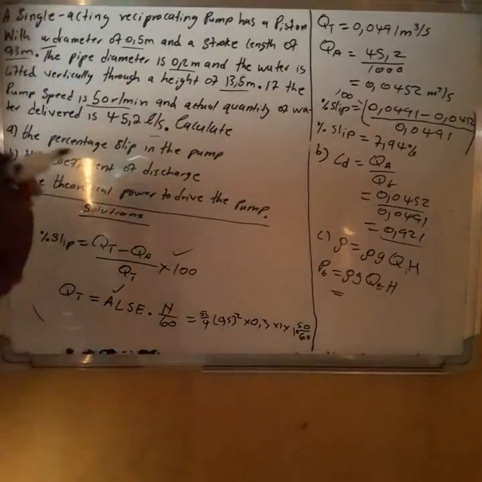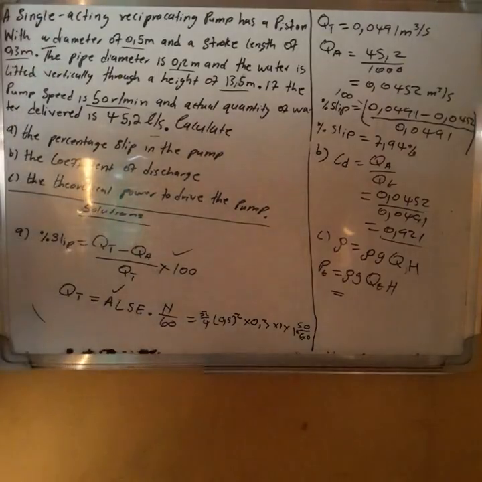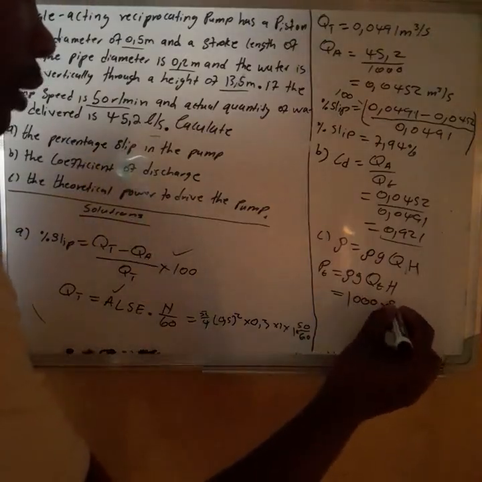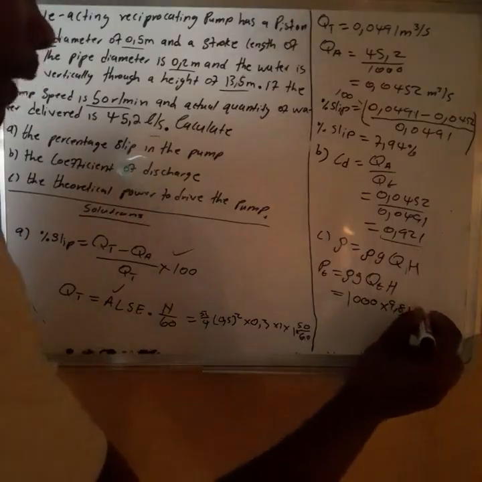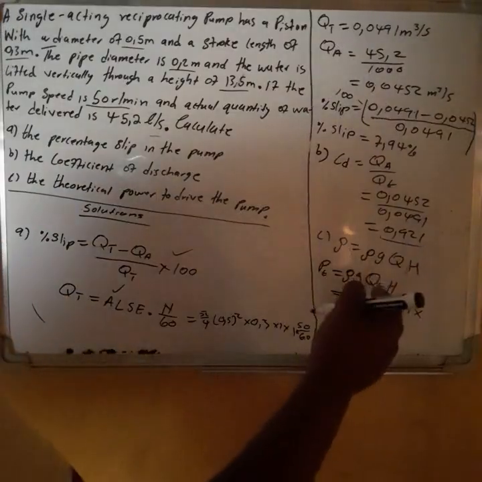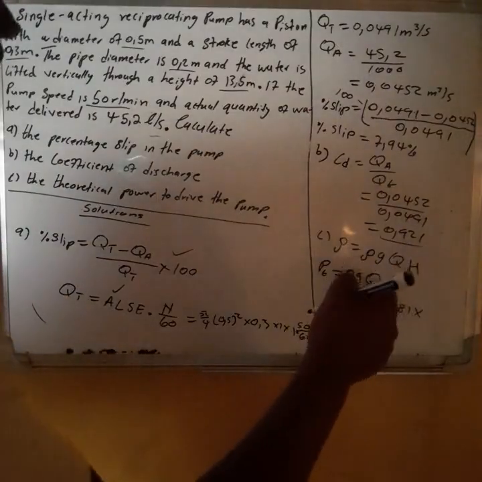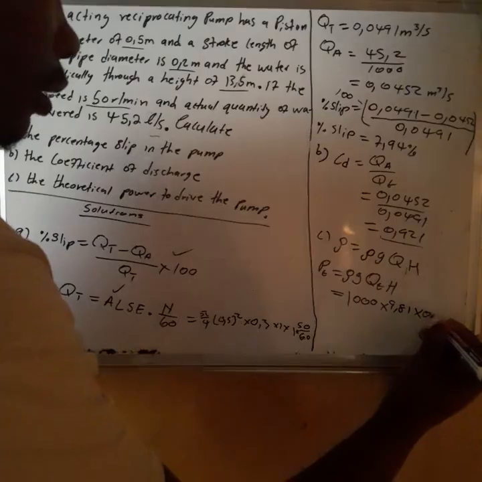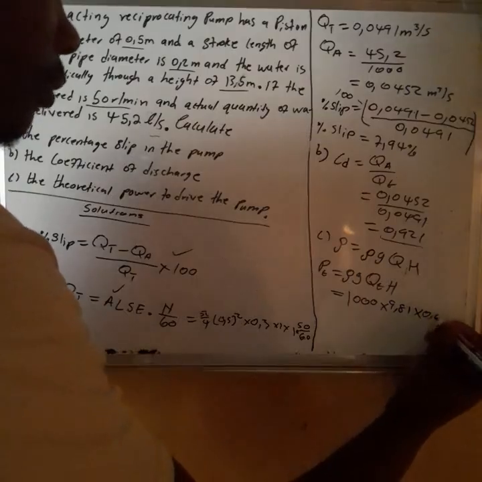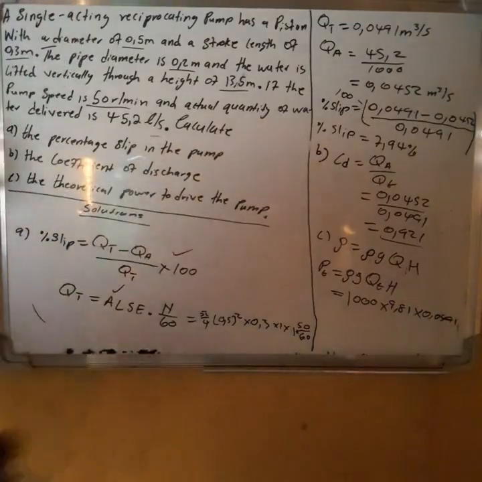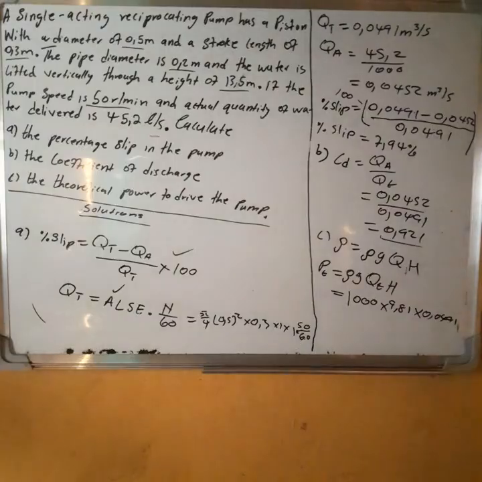They will not write the density; you're supposed to know it. So this will be 1,000 multiplied by 9.81 times the theoretical discharge, 0.0491, multiplied by that depth H.